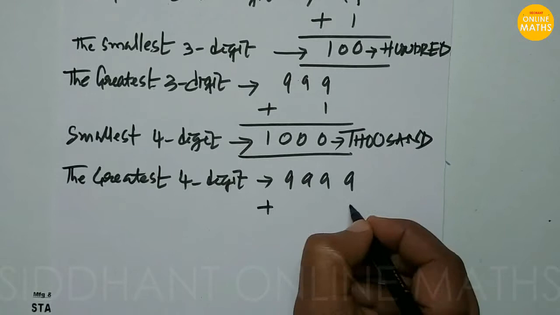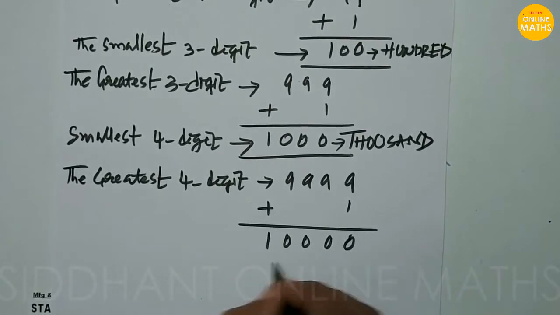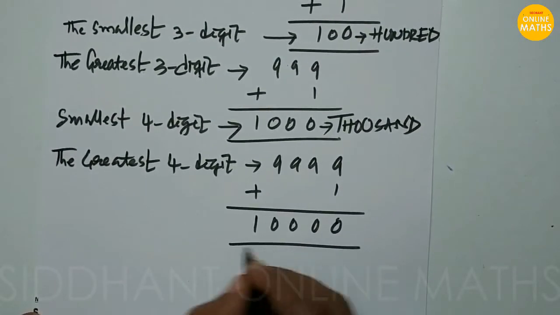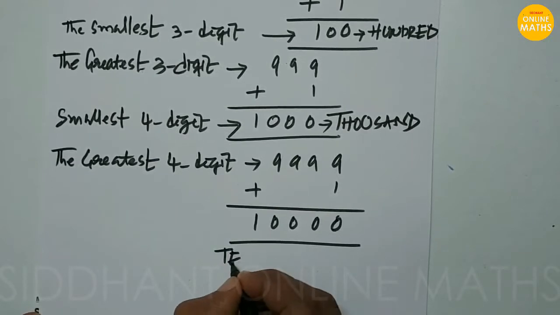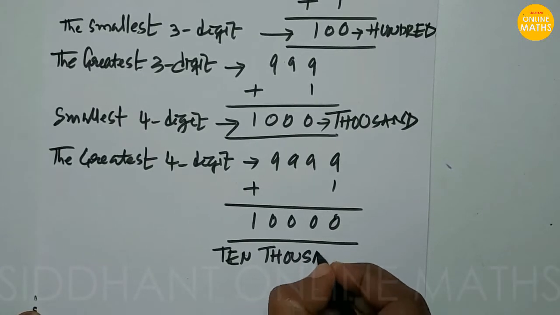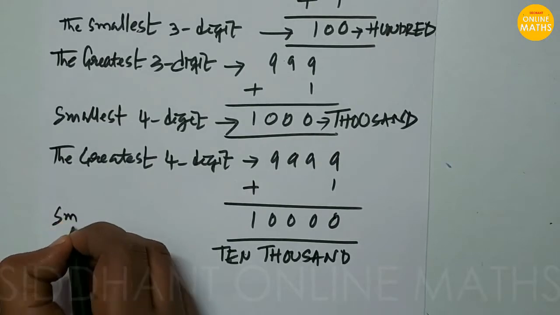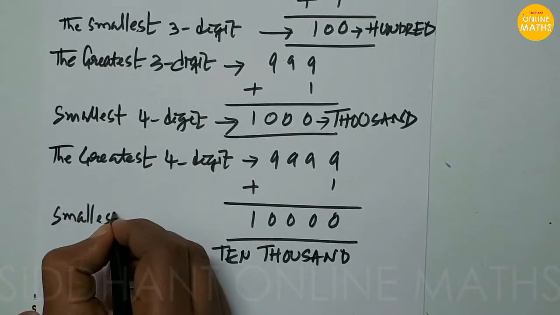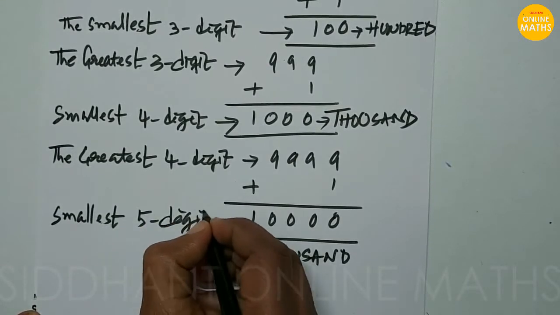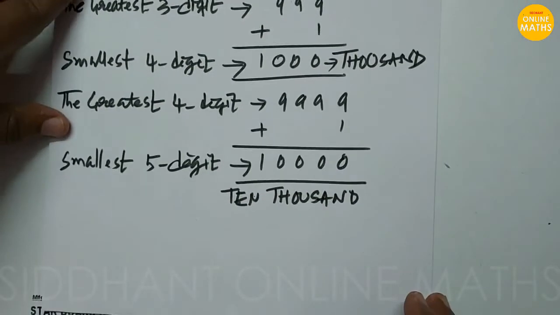When you add 1 to this, it will become 10000, and this is read as 10,000, and we know that this is the smallest five digit number.